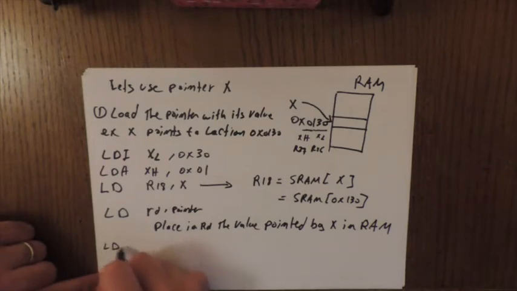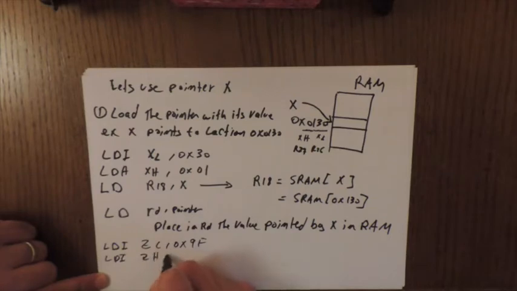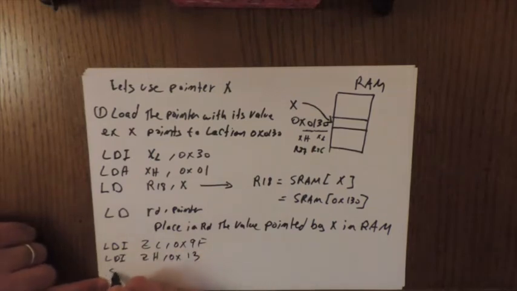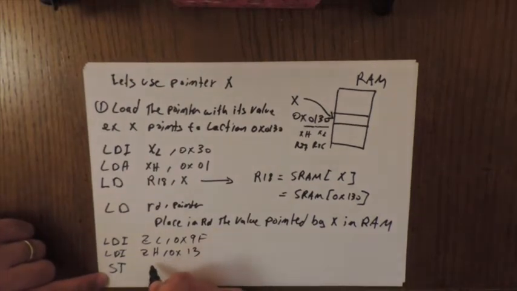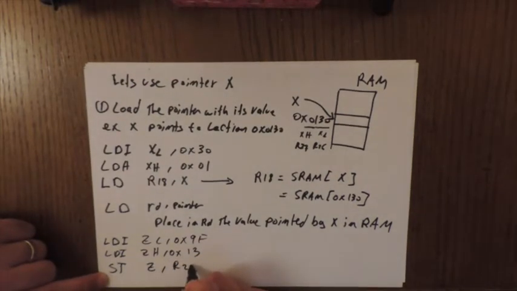Okay, I can do something else. Let's say I can do another example: LDI ZL, 0x9F, LDI ZH, 0x13, and then I say ST Z, R23.